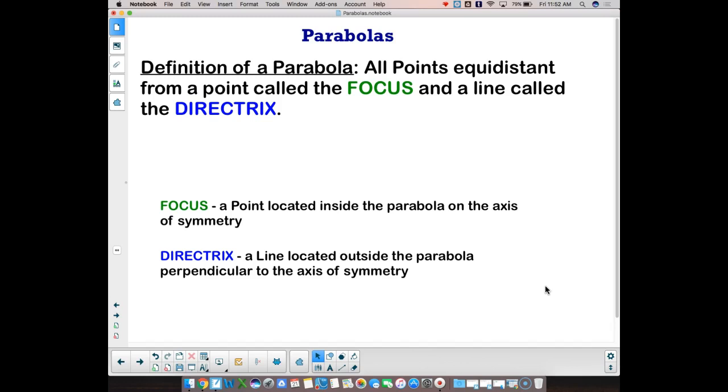Now I'm going to borrow this for a second. The point that's called the focus is this dot, the dot that I had you make. That's the focus. And a line called the directrix.